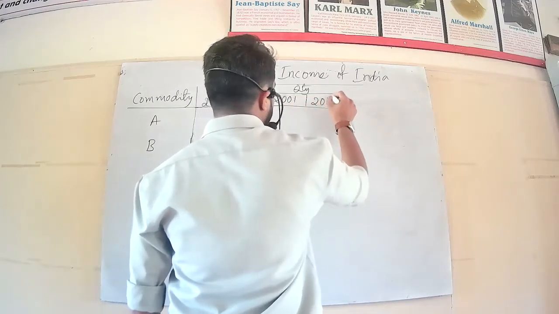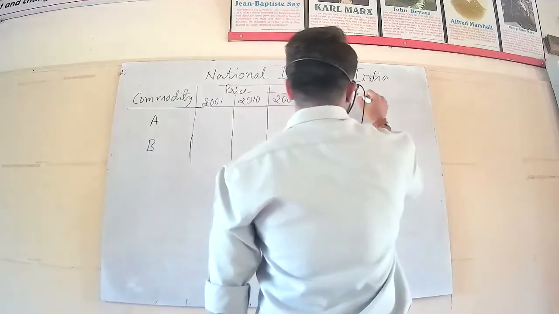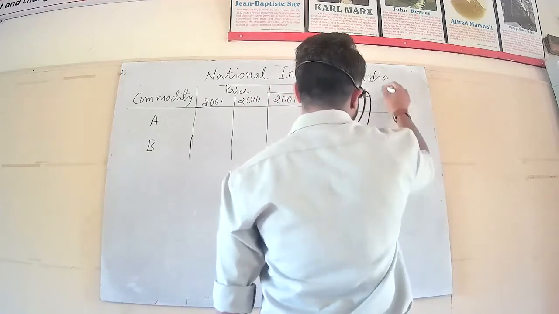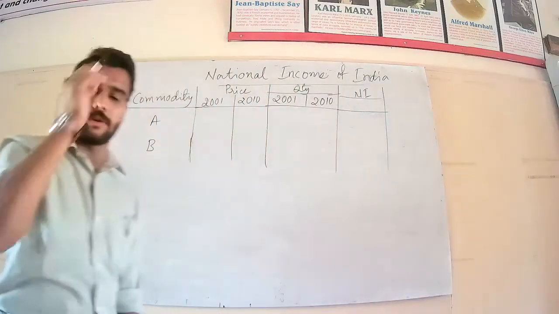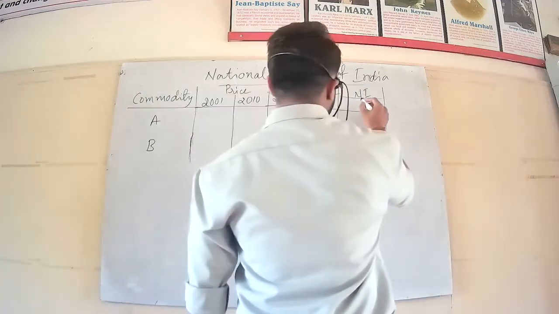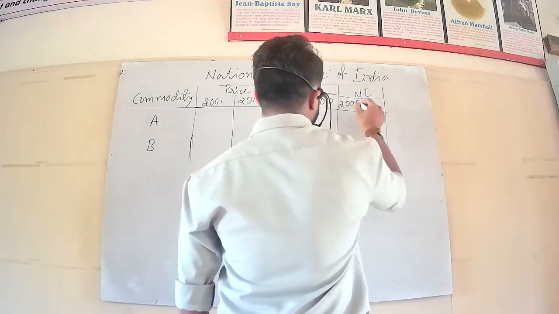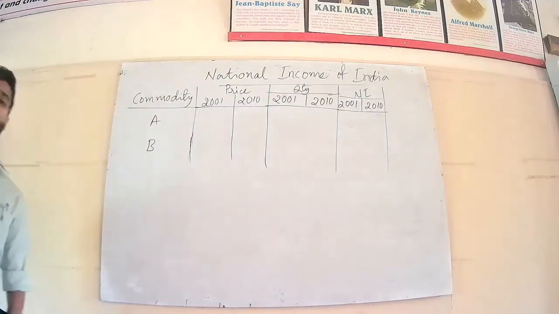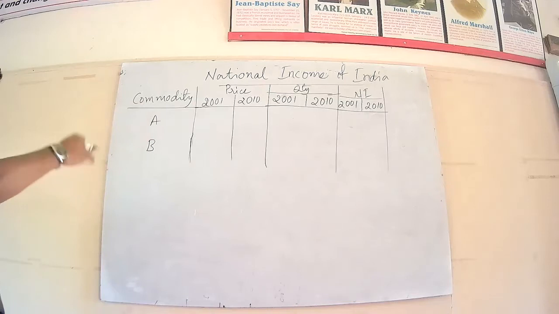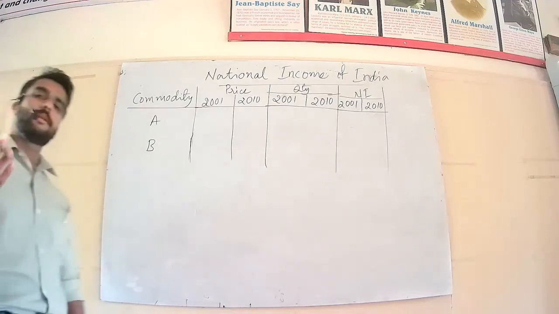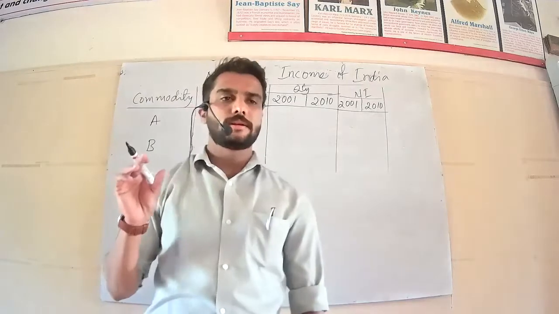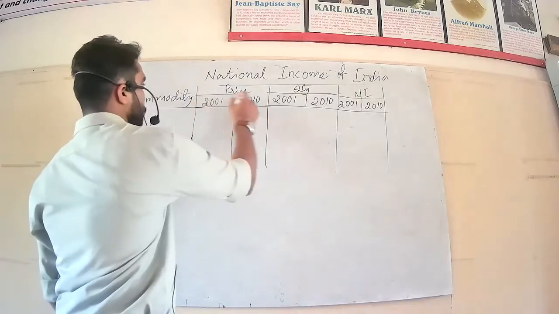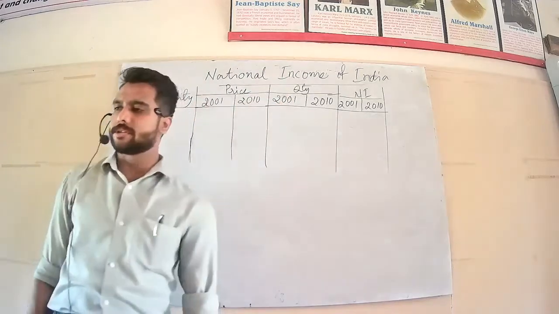In the last column, the national income, or GDP, or GNP, for the same years. By calculating the national income for both years and both price levels, we will get a clear idea about how these figures vary as per the changes in both price and quantity of production.